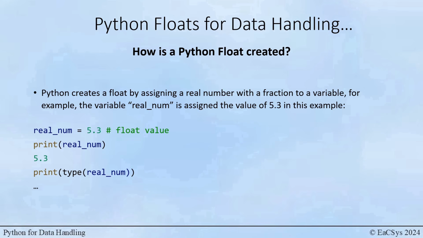So alright, how is a Python float created? Python creates a float by assigning a decimal value to a variable. For example, the variable real num in this example on your screen.